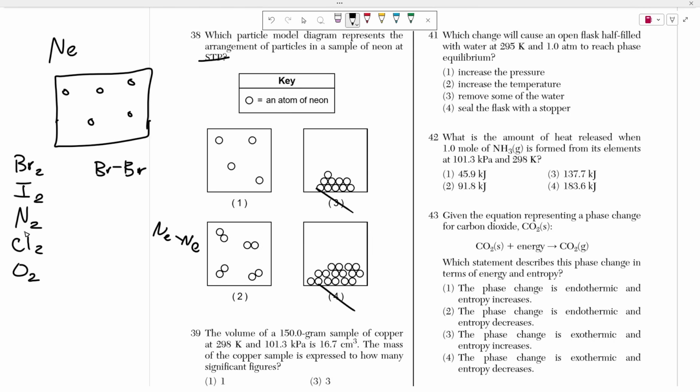Oxygen is also diatomic, hydrogen is diatomic, and fluorine is diatomic. Brinclhof, this is exactly what you need to memorize here. All of these are going to exist naturally with two atoms bound to one another. Is neon in this list? No, neon is not in this list. So naturally, at standard temperature and pressure, neon will not be bound to another copy of neon because it's not one of the diatomic elements.